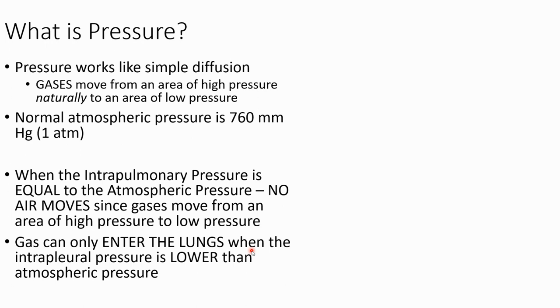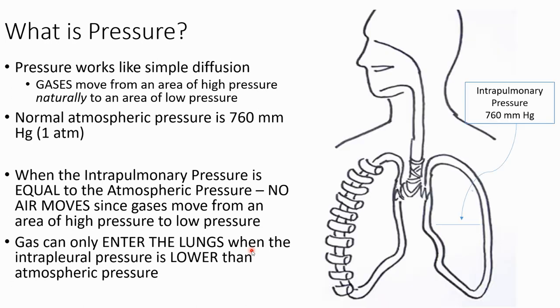So gases can only enter the lungs when the pressure inside the lungs is lower than atmospheric pressure. So if atmospheric pressure is 1 and your lungs are less than that, then air can move in. So we have here this pressure inside the lungs, and if that is less than 1, because we know the atmospheric pressure is always going to be 1.